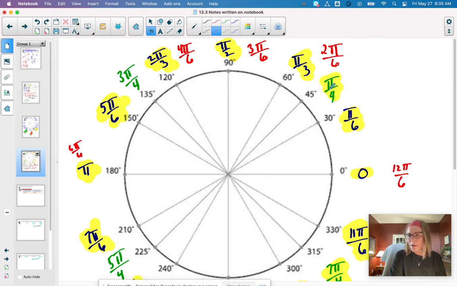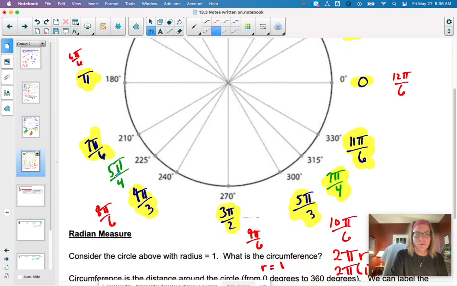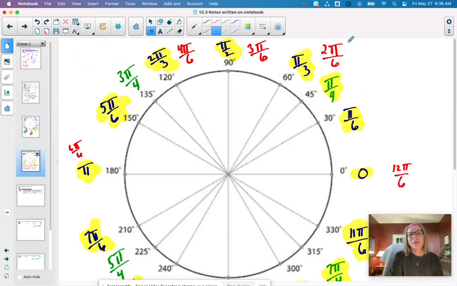So 1 pi over 4, 2 pi over 4, 3 pi over 4, 4 pi over 4, 5 pi over 4, 6 pi over 4, 7 pi over 4, and 8 pi over 4. That is how we come up with the radian measures.